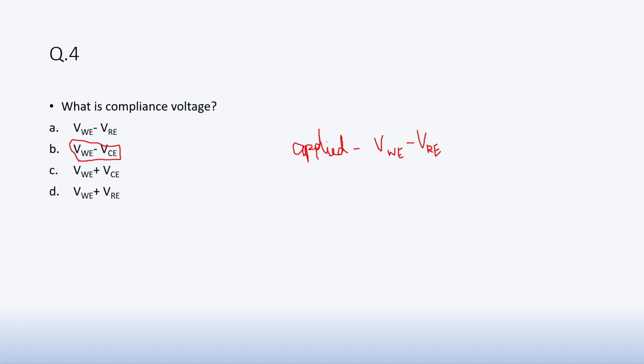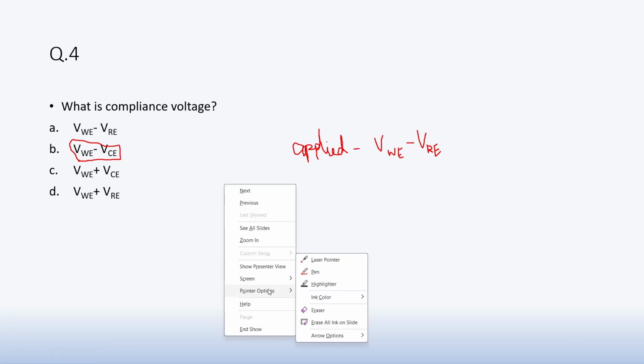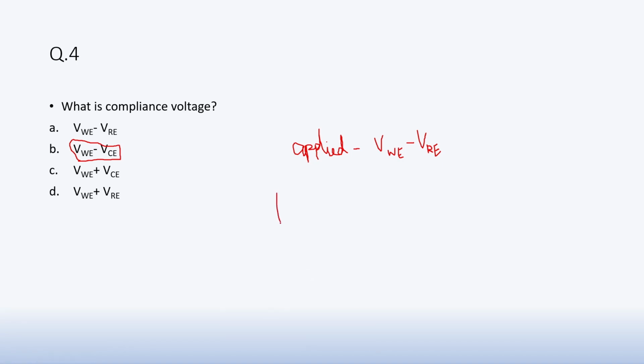Ma'am, I still have not properly understood. Okay, please repeat. There is a working electrode, and I'm talking only about the working electrode and the counter electrode.